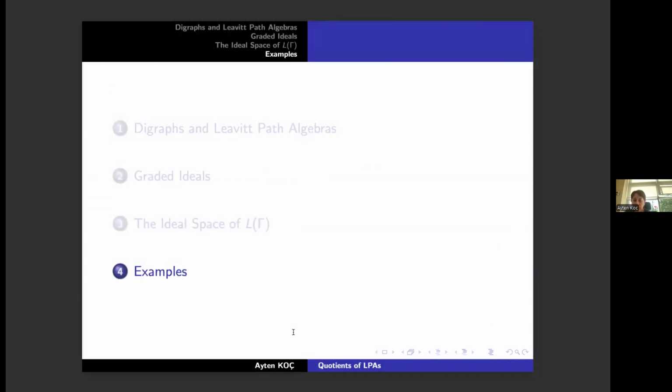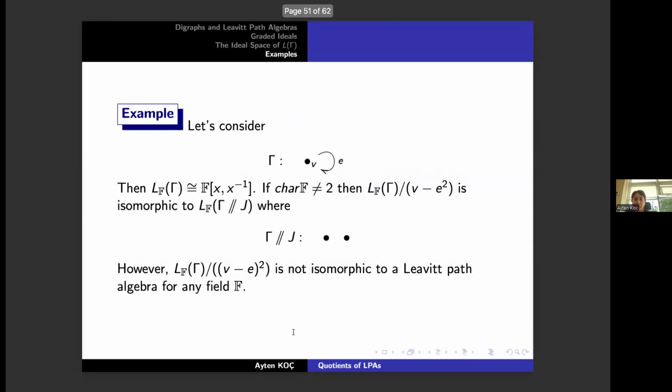Now let's give some examples. Let's consider only one loop. And we know that the Leavitt path algebra of this digraph is the Laurent polynomial algebra.